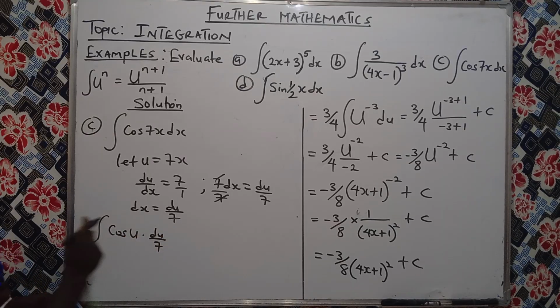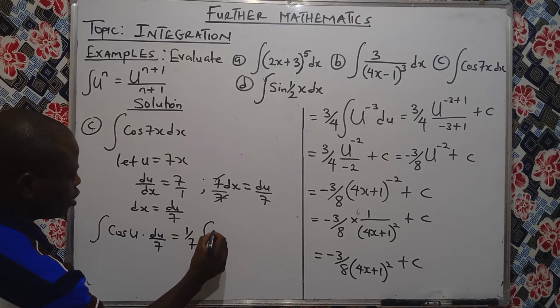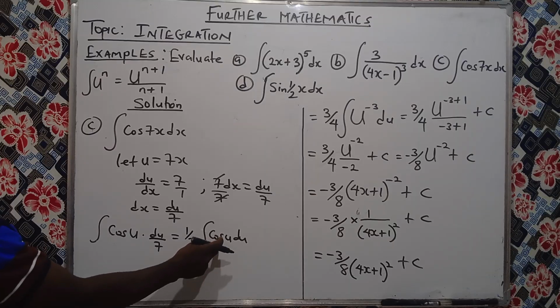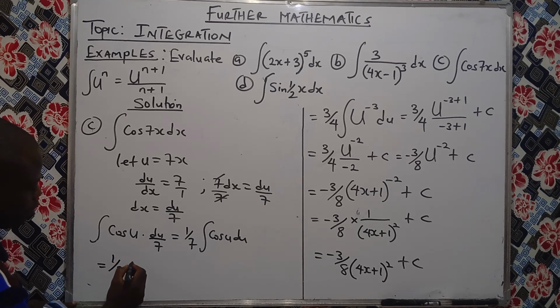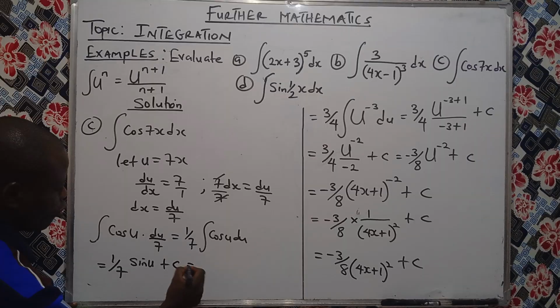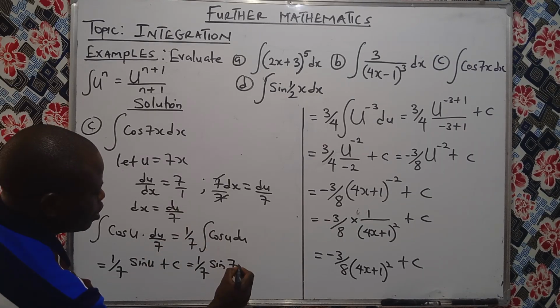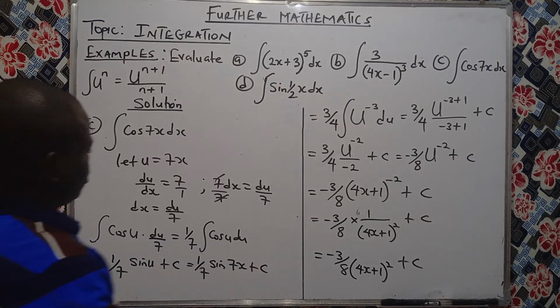There's 1 over 7 here, bring it outside the integral sign: 1 over 7 integral of cos u du. When you integrate cos u, it gives you sine u, equals 1 over 7 sine u plus c, equals 1 over 7 sine 7x plus c.